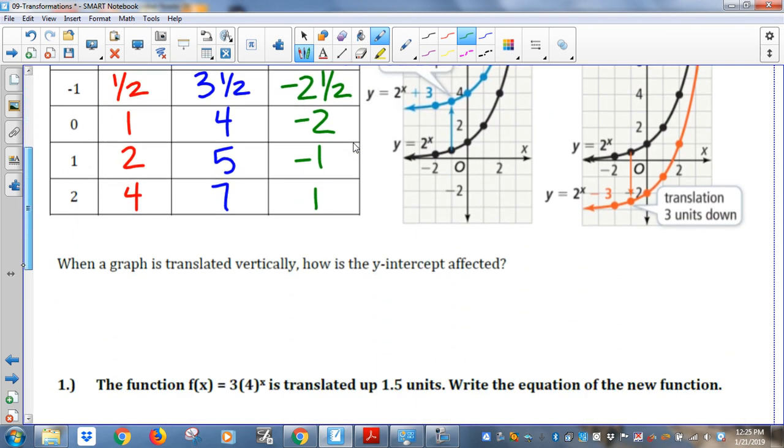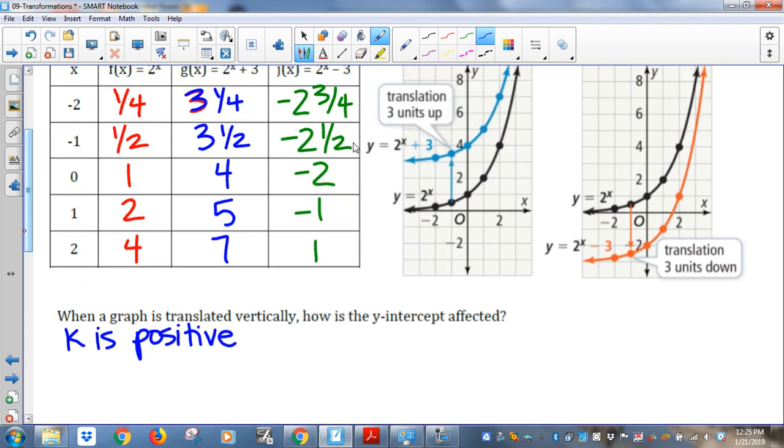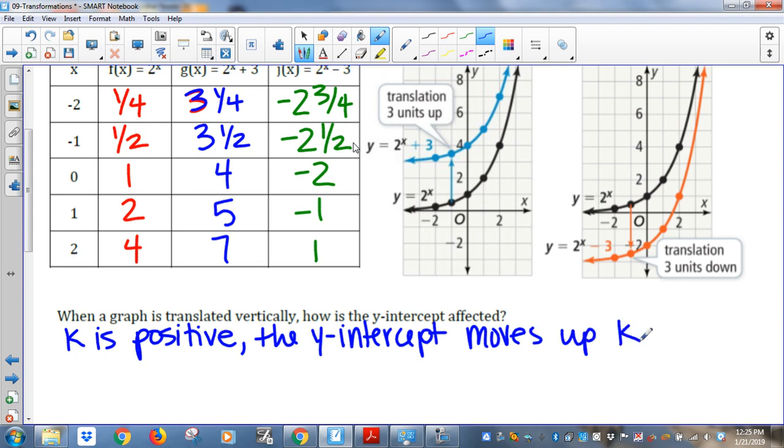Let's go down to this first part where it says, when a graph is translated vertically, how is the y-intercept affected? We'll use what we see in our table. When k is positive, so we had the plus 3, the y-intercept moves up k units.